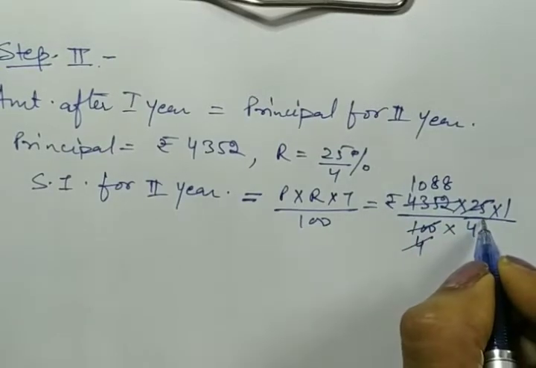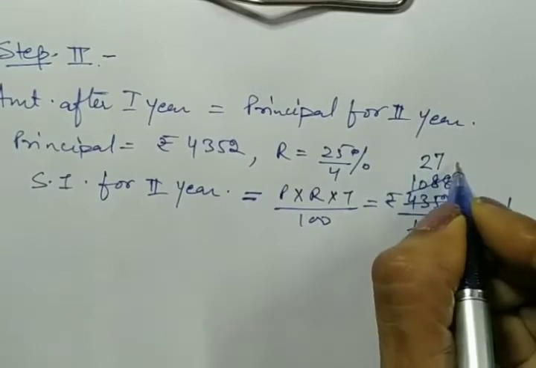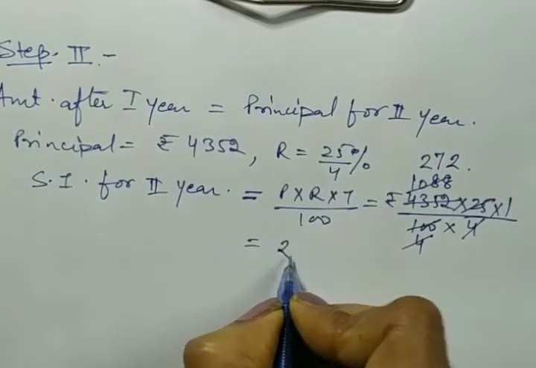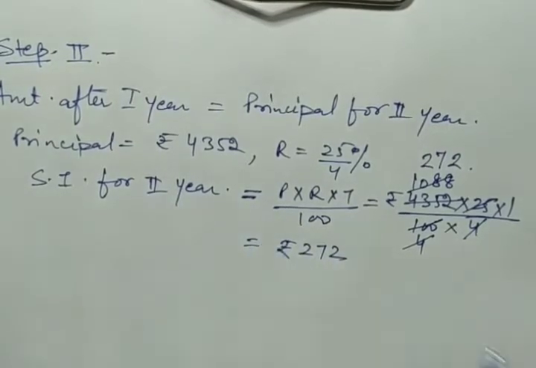Again it is divisible by 4. 4 twos are 8, 4 sevens are 28, 4 twos are 8. So I got rupees 272 as simple interest for second year.